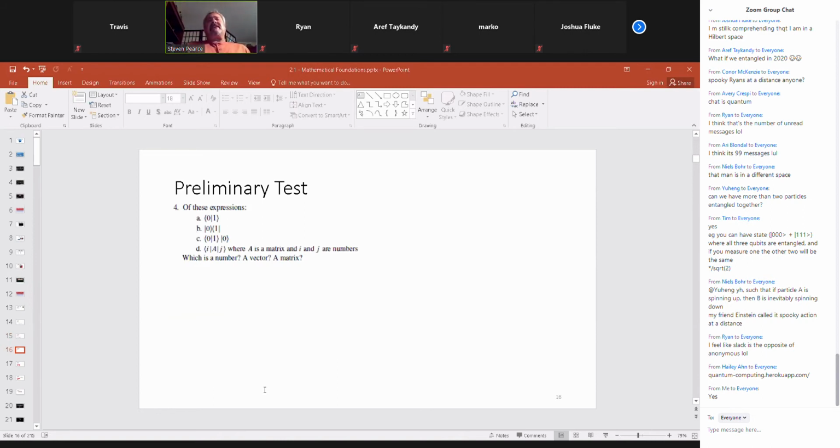Then there's this set of questions. All this bracket notation. It asks, are these things numbers, vectors, or matrices? First of all, if I tell you that that thing is the inner product of some kind of basis 0 and 1, a generalized dot product, then you'd know that it should come up with a number, right?